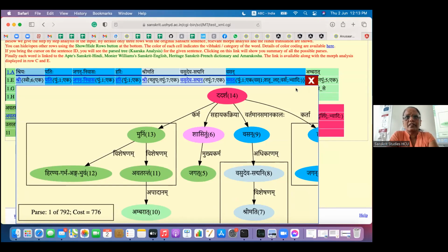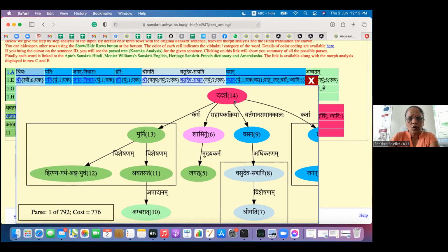This is the analysis of the given verse, and the first analysis happens to be the correct one, though there are 800 more.